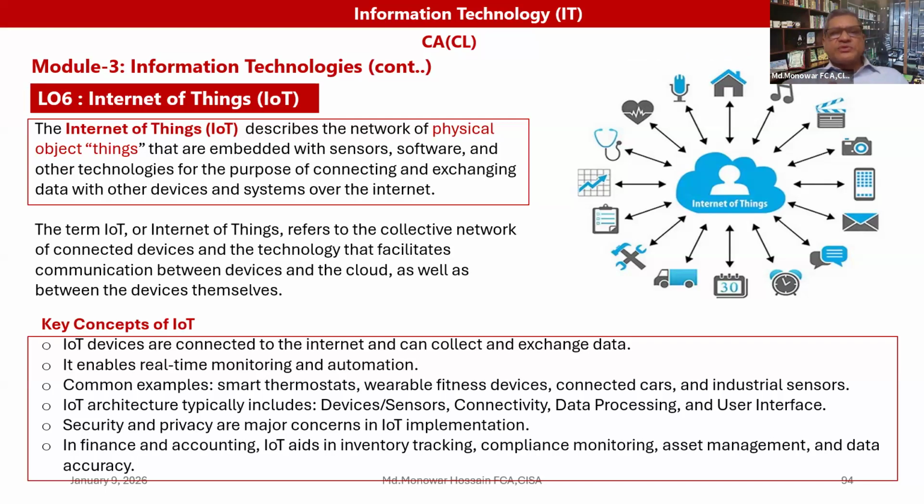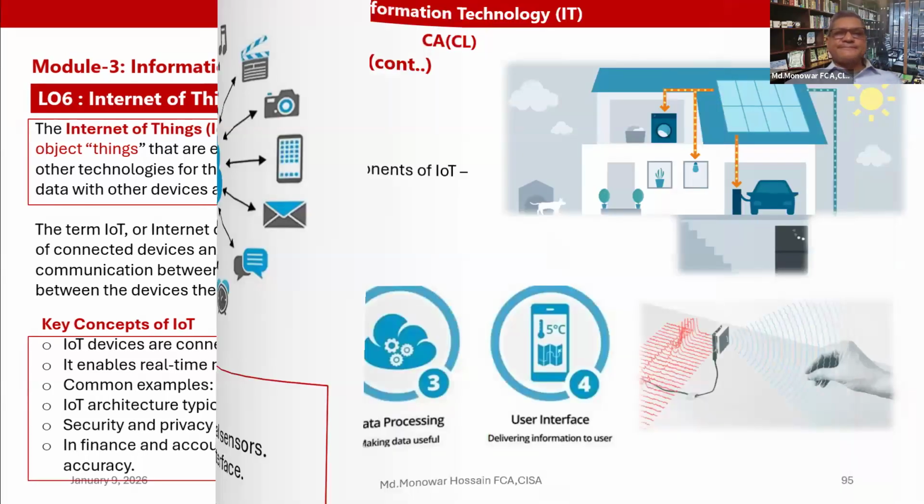Security and privacy are major concerns of IoT implementation. In finance and accounting, IoT aids inventory tracking, compliance monitoring, asset management, and data accuracy, and organizational activity will be simpler through the IoT.